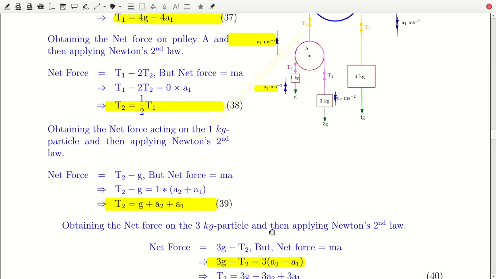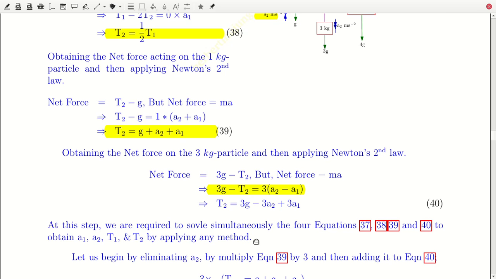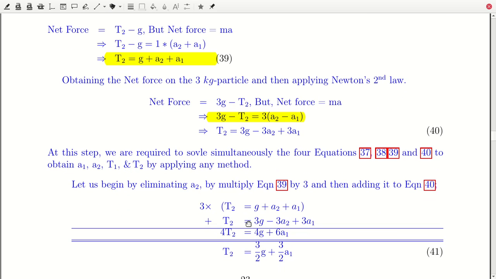Any method. In my case, I began by eliminating T2 from these equations. How did I do this? I began by eliminating A2 by multiplying equation 39 by 3, because if I put 3 here, it will be 3T2, 3G, 3A2, 3A1.